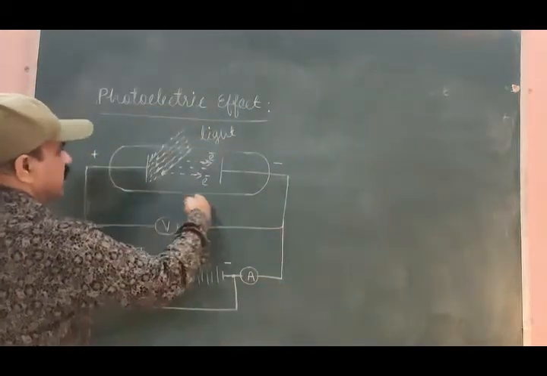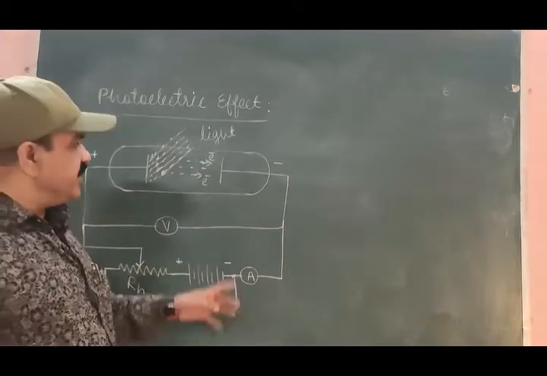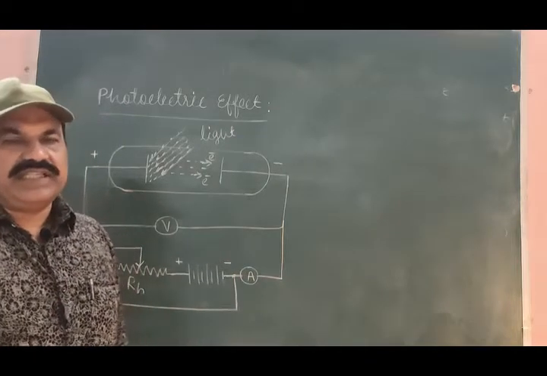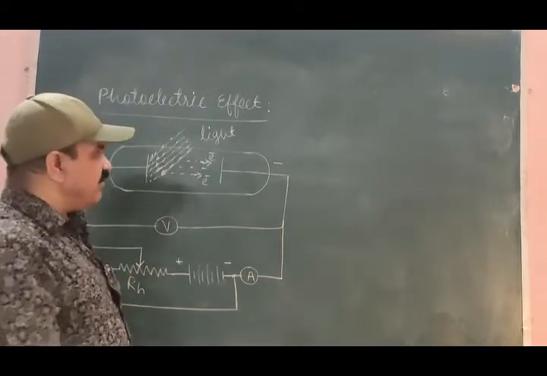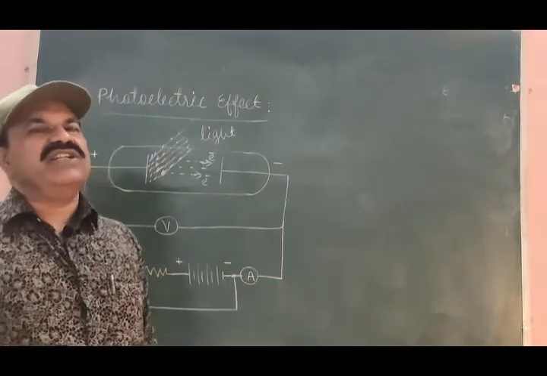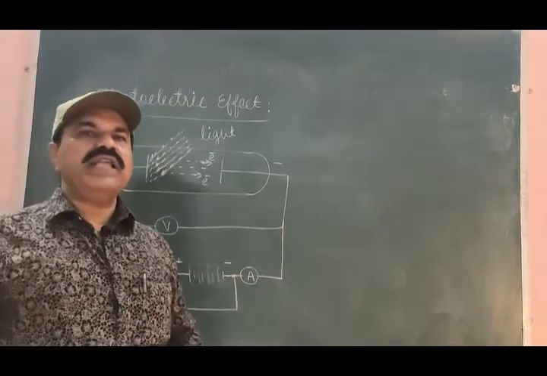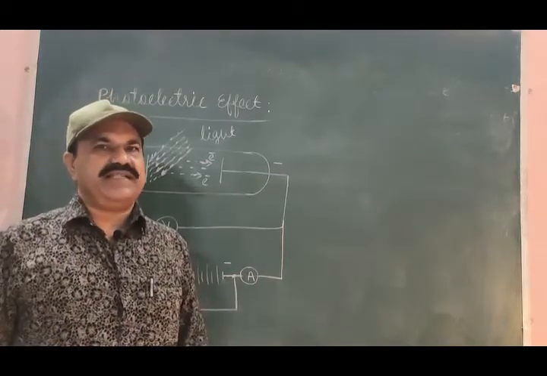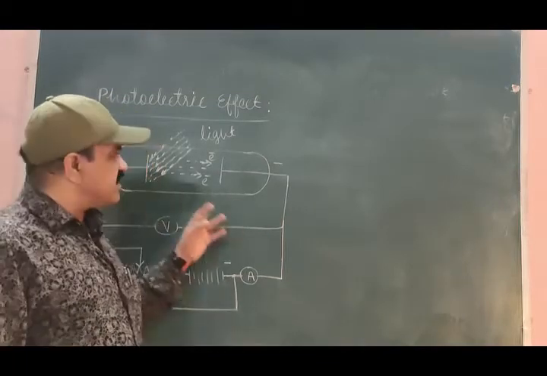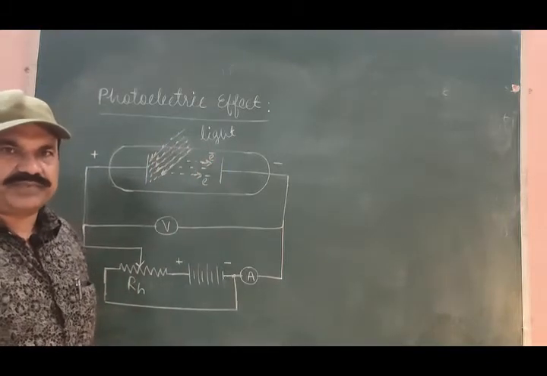This is a glass bulb, an evacuated glass bulb. Air from this glass bulb is taken away, and inside only vacuum is present, meaning that there is no medium inside this evacuated glass tube.